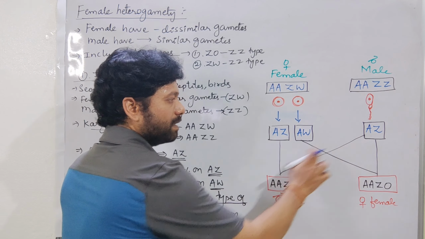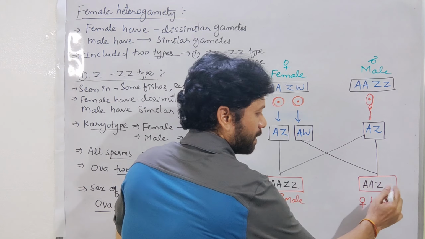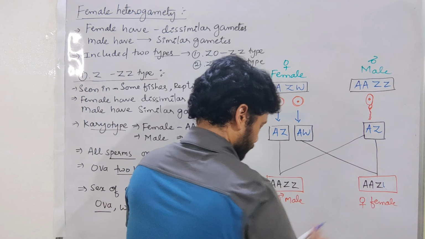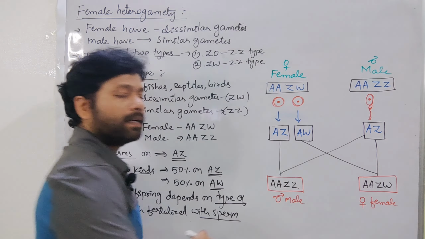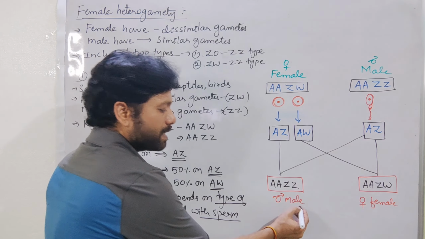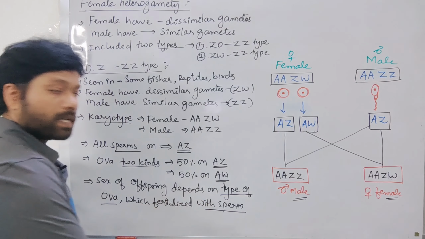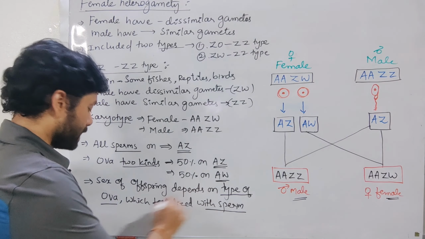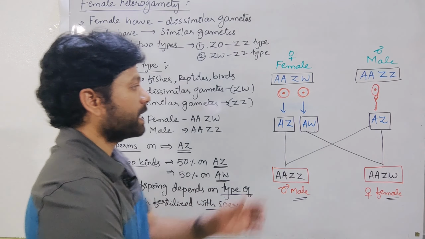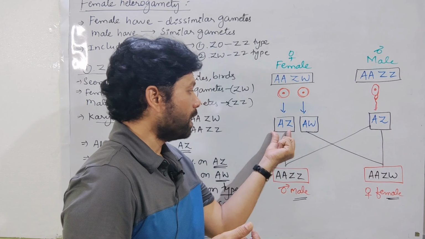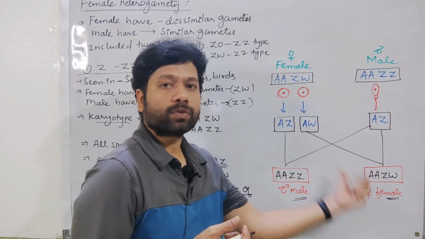Here AZ with AZ gives male, and AZ with AW gives female, since the male is similar and the female is dissimilar. The sex of the offspring depends on the type of ova fertilized with the sperm.